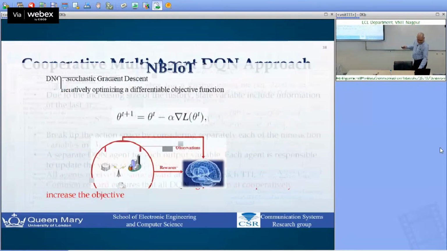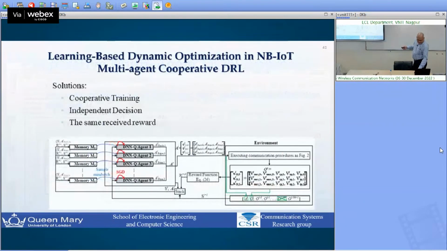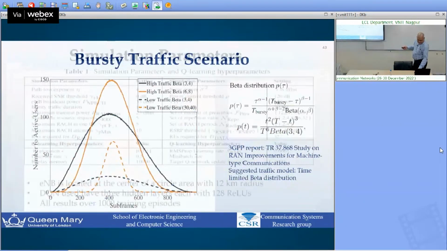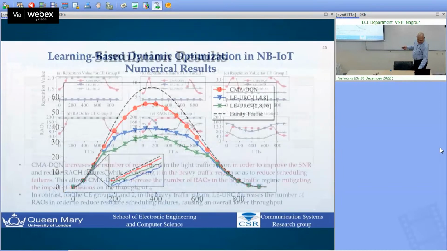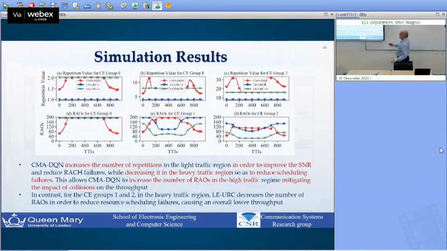Okay, so yesterday we did this. What is happening here is, if you take the green line and the blue line, the repetition value is fixed. Say here repetition value 4, here repetition value 8. It is fixed. The red one is the machine learning based, the proposed one.